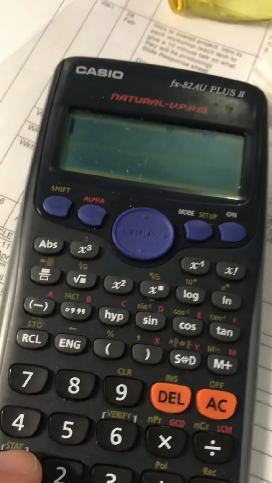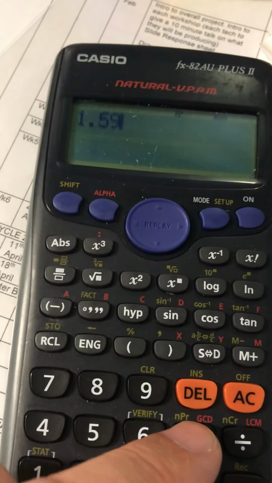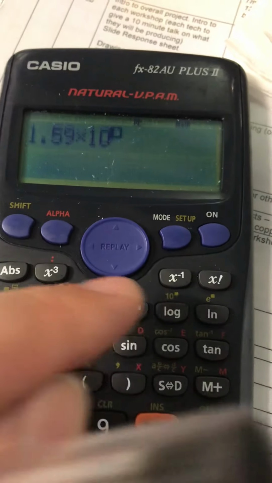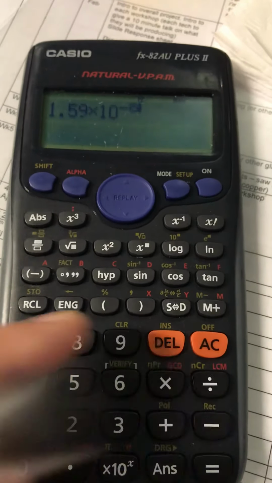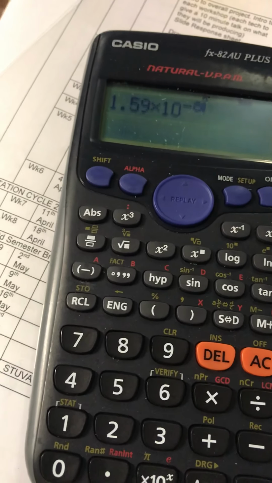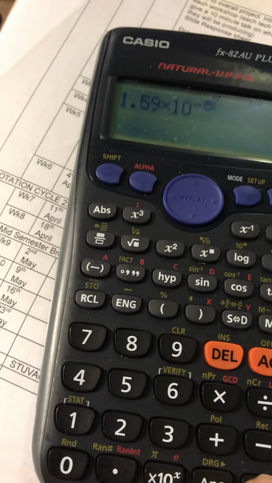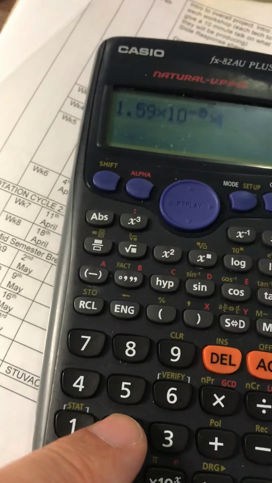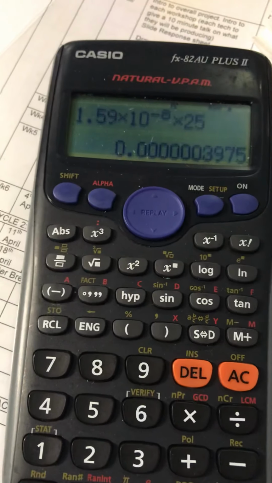So I'm going to work out the top of this equation here, and I'm going to say 1.59 by 10 to the power of negative 8, and then I'm going to step across and go times 25, which is our meters, and that's the top of our equation.